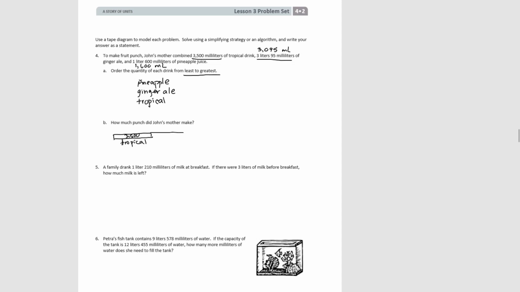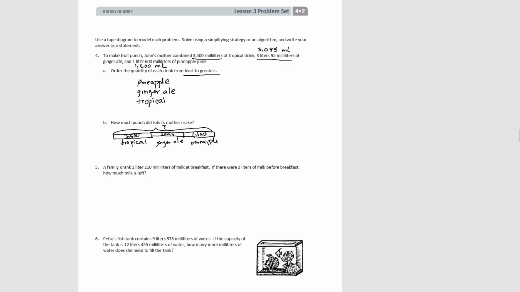We have ginger ale, which is 3,095. And we have the pineapple juice, which is 1,600. And we want to know how much she made altogether.